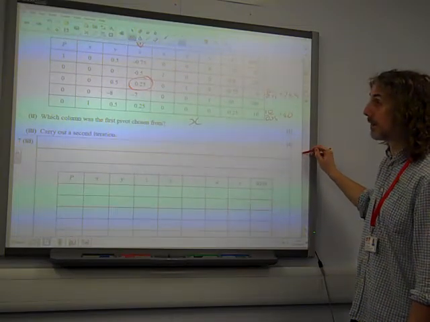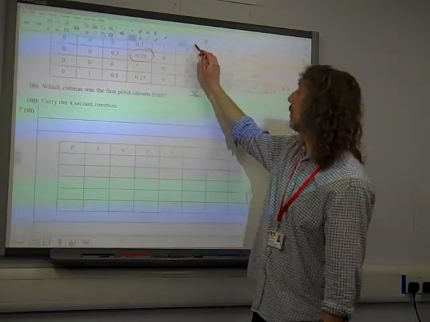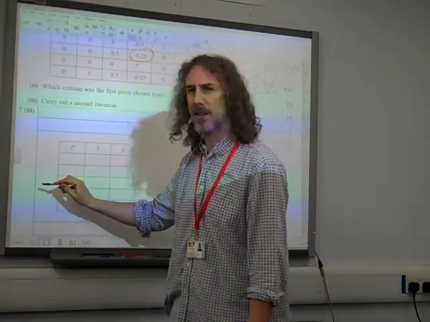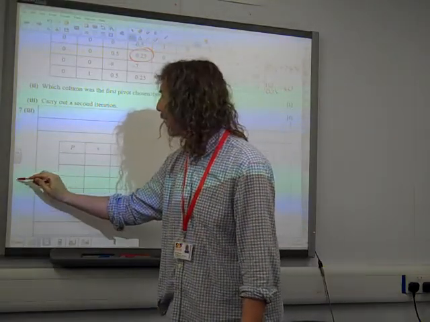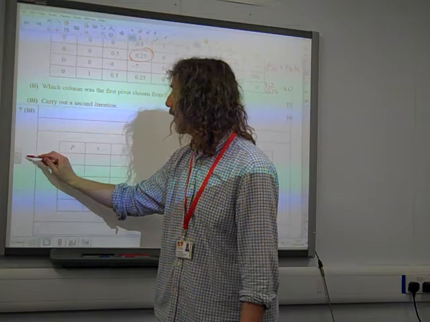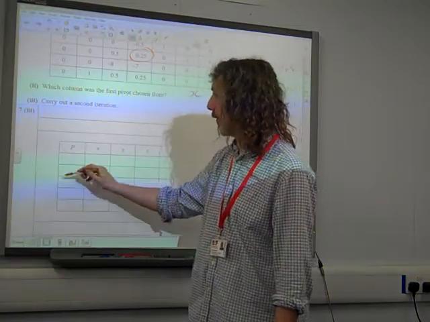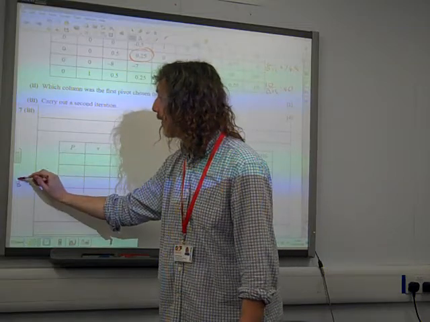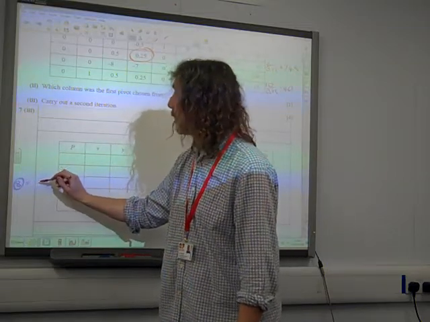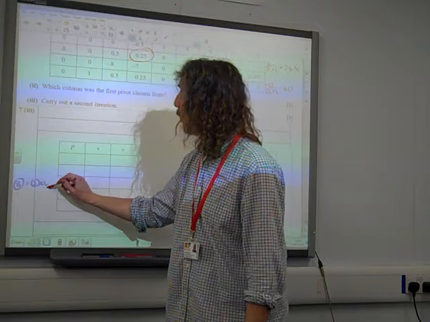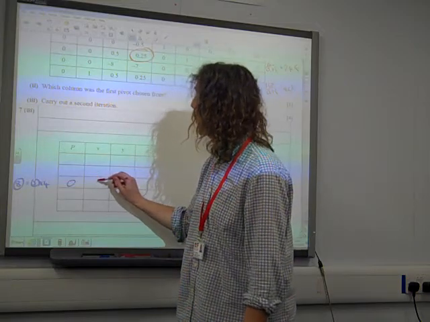So that is row 3. There's not really space to do any of the working out for this, is there? So this is going to be rows 1, 2, 3, 4, and 5, so 6, 7. Row 8 is row 3 times 4, and we fill in that row.